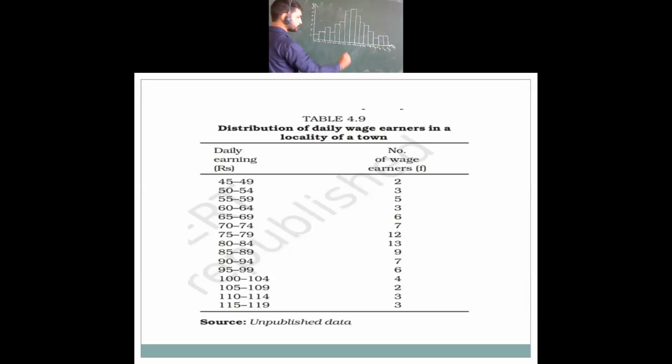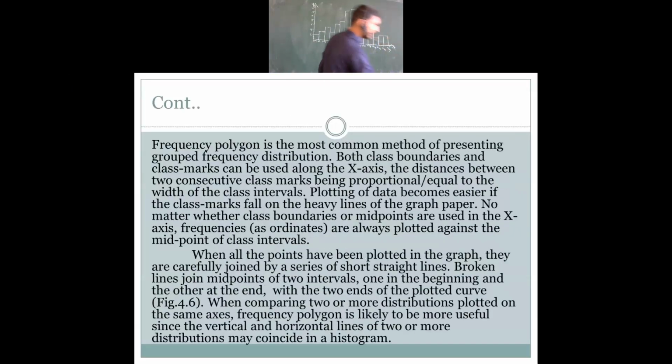After this, what we are going to do in this polygon, see, as the diagrammatical things are there, on the basis of that only we have drawn this. Then further, when comparing 2 or more distributions plotted on the same axis, a frequency polygon is likely to be more useful, since vertical and horizontal lines of 2 or more distributions may coincide on a histogram.